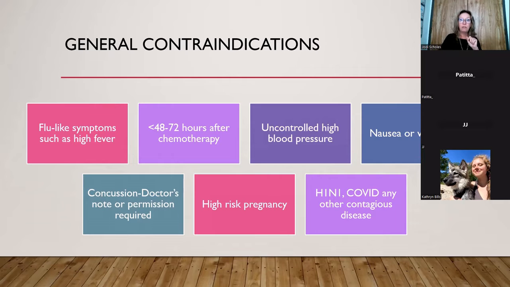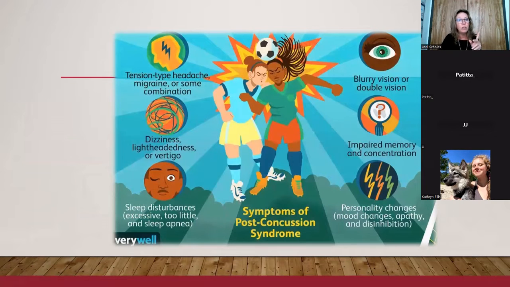Now, briefly, a concussion, how do we know if someone has a concussion? Maybe they're just coming to you because they have a headache. We have to ask during the client interview, do you know what causes your headaches? Headaches is one sign of concussion, blurry vision, impaired memory, dizziness, lightheadedness.